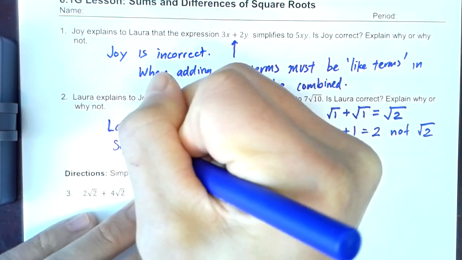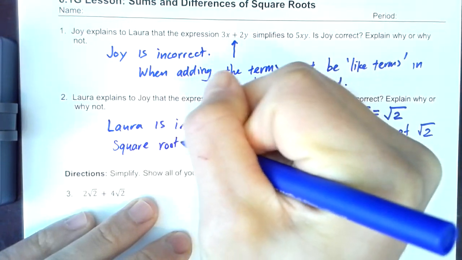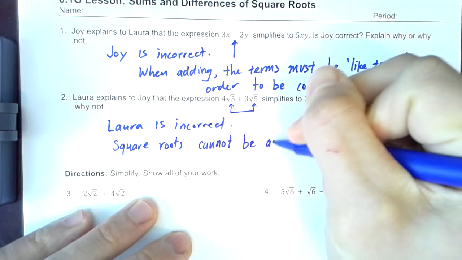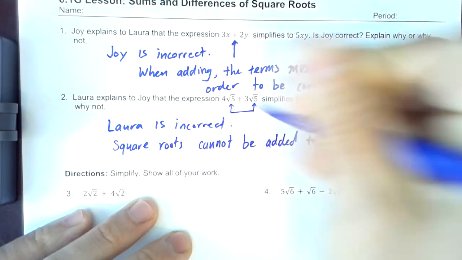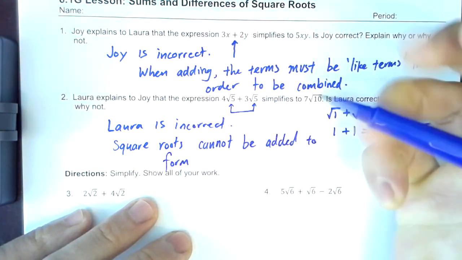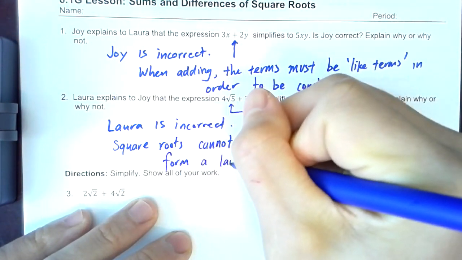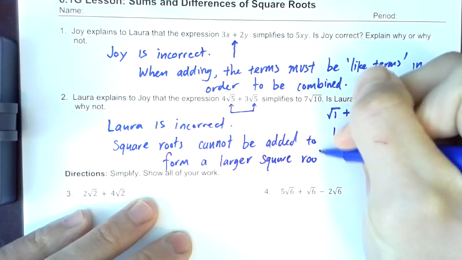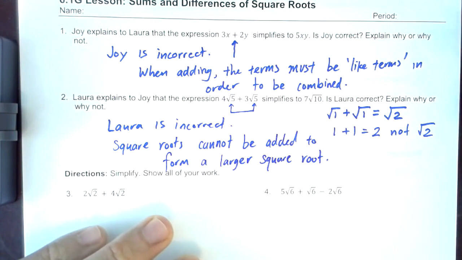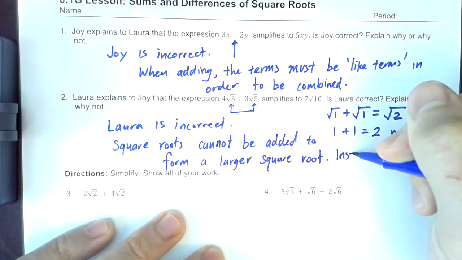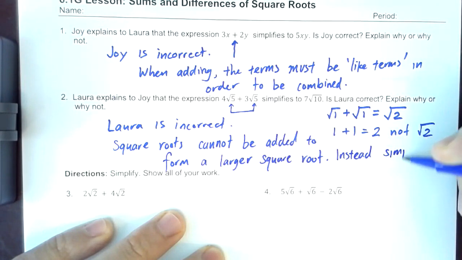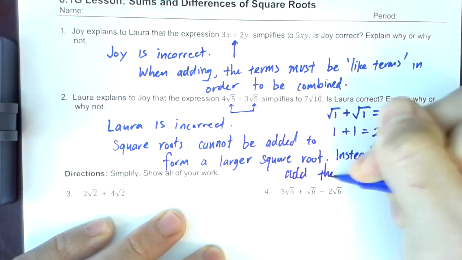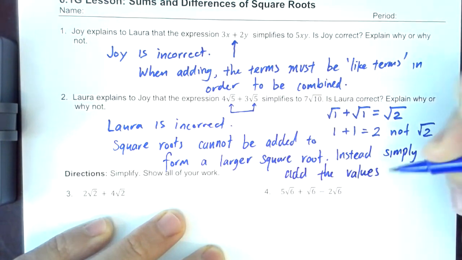Square roots cannot be added to form a larger square root. Instead, simply just add the value, kind of like the coefficients, class.